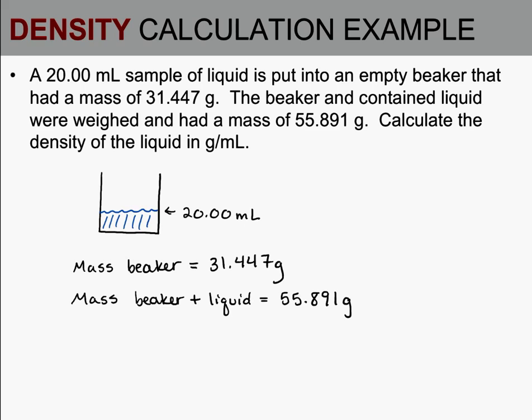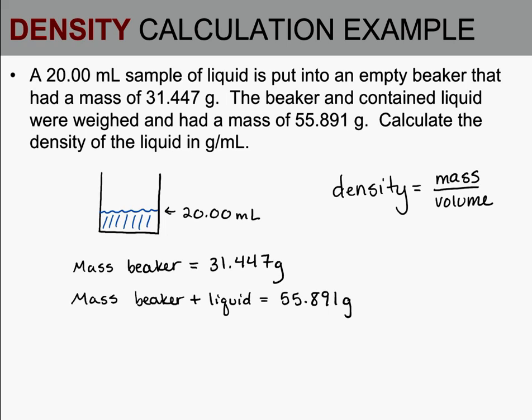And we want to calculate the density of the liquid in grams per milliliter. So remember that density is equal to mass over volume. So we're already given the volume, which is 20 milliliters, so we don't have to worry about the volume in this case.